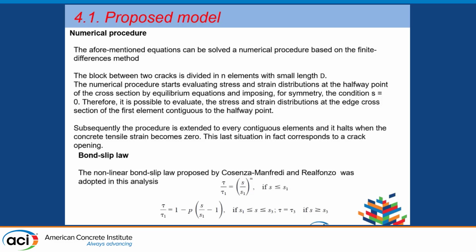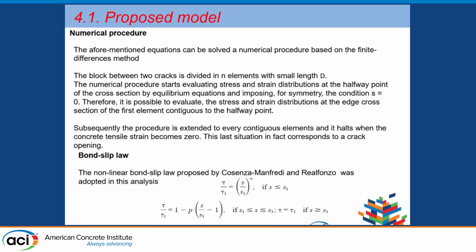Then this procedure is extended to every contiguous element, and it halts when the concrete tensile strain becomes 0, because at this point there is the formation of the crack. The nonlinear bond slip law used in this numerical procedure was this one, which describes the pre-peak and the post-peak. It is important to mention that the shape parameters, for instance this alpha, S1, tau 1, must be calibrated based on experimental results.